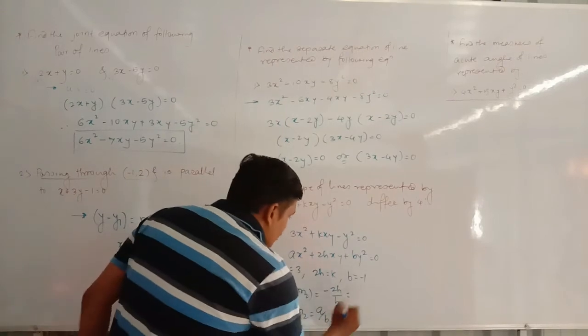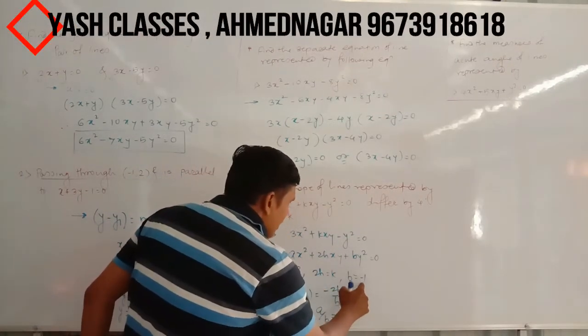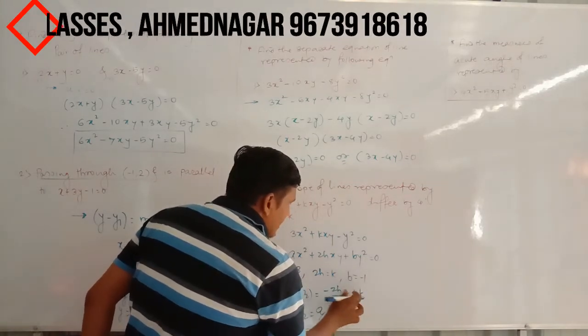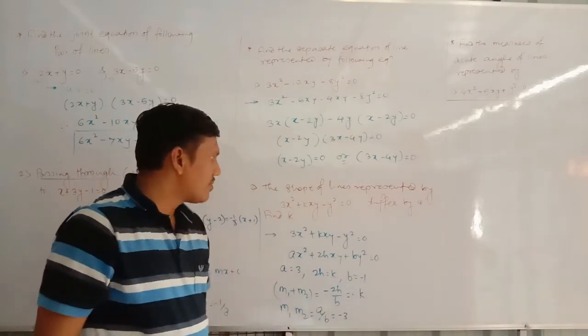Minus 2h by b, so 2h is equal to k, so minus k by minus 1 is plus k. So m1 plus m2 is equal to k, m1 m2 is equal to minus 3.